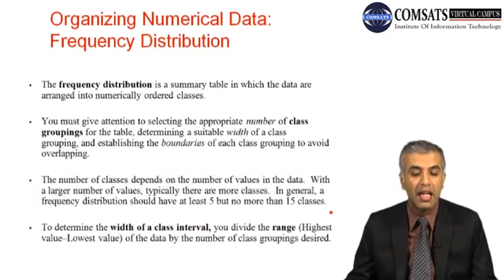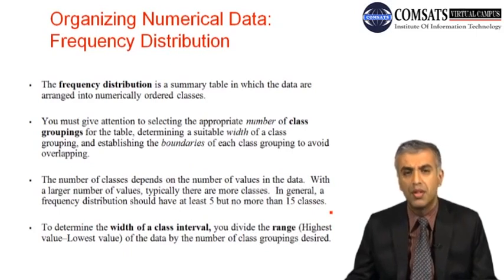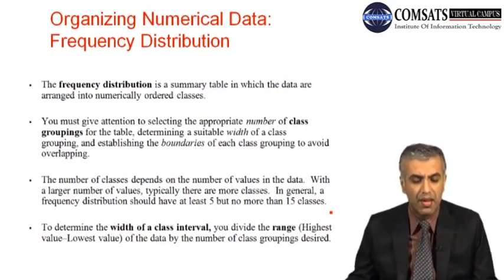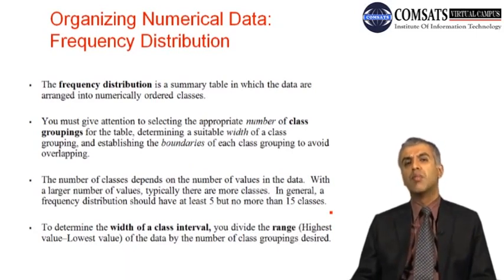So then after that we had a discussion on frequency distribution and how frequency distribution is one of the very most important tools which gives us a good display of the information in the data.